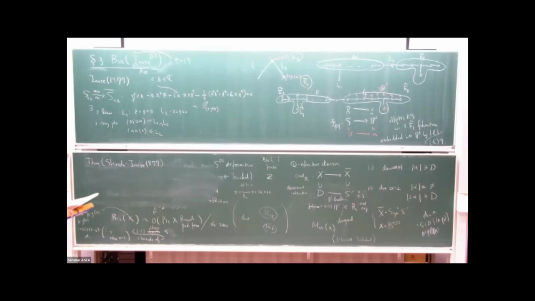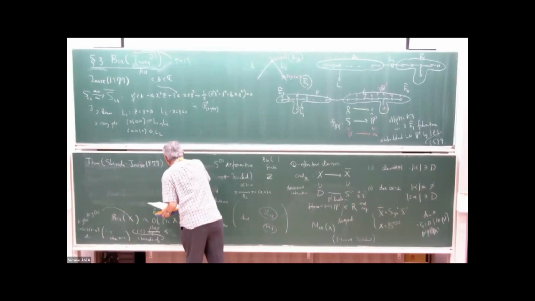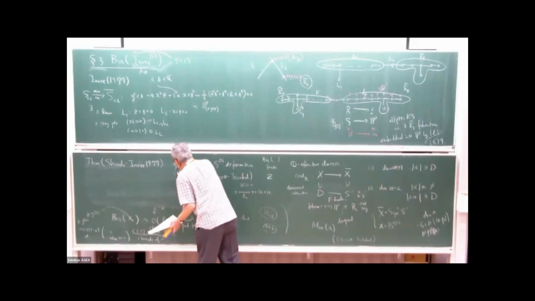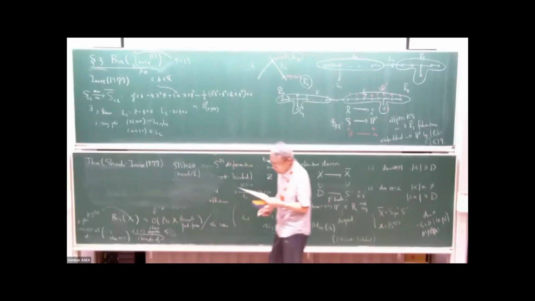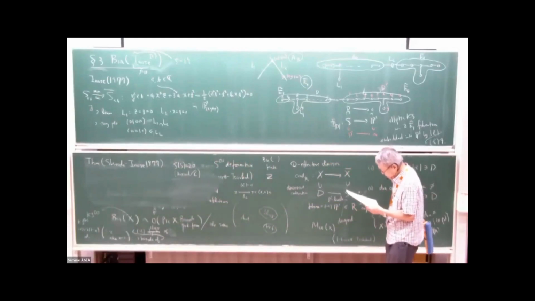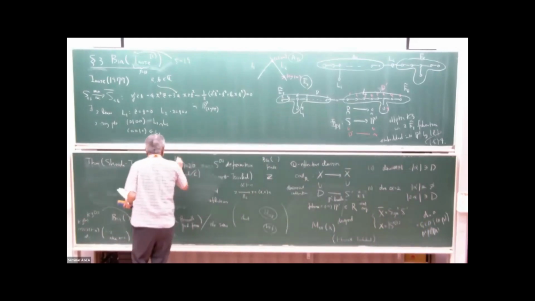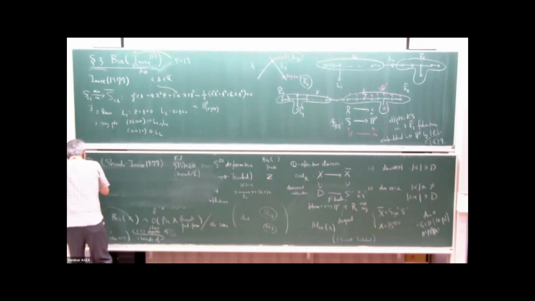So their main interest is K3 surfaces with Picard number 20. So this is the maximal Picard number when you consider over the complex numbers.